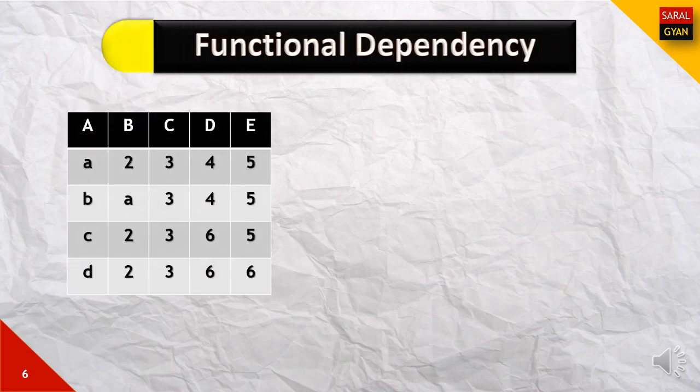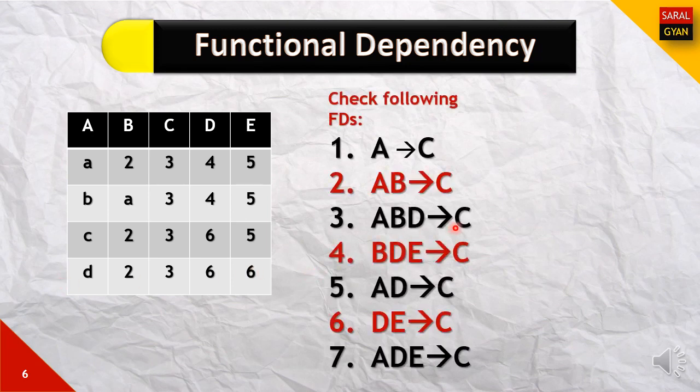Now we'll see one more example. This is a table and I have a set of functional dependencies like this. In the earlier example, I had only one attribute at the alpha side, but now I have only one attribute at the right hand side, or the beta side. If we look at this attribute in this table, all the values of attribute C are similar. So remember this rule: if the value at the beta side has similar values in the table, then irrespective of any value on the alpha side, all the functional dependencies will hold good.